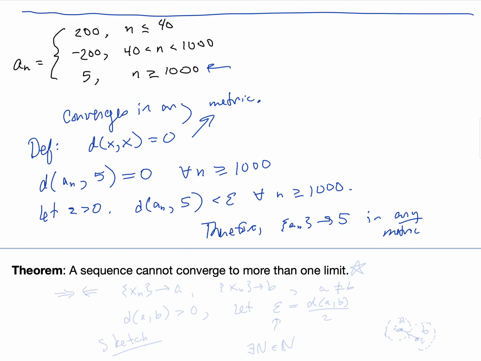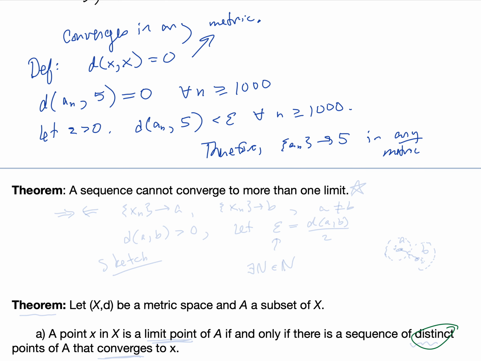Here's a theorem about convergent sequences in a metric space. A sequence cannot converge to more than one limit. I'm not going to do the full proof here, but I'll just do a quick sketch. Suppose for contradiction that some sequence x_n converges to A and it also converges to B, where A is not equal to B. Then what could we do?